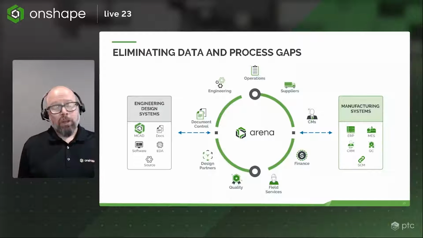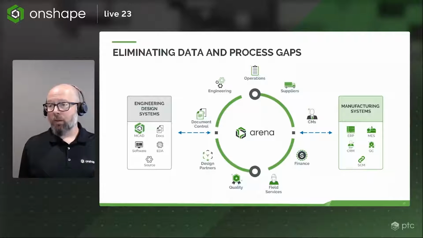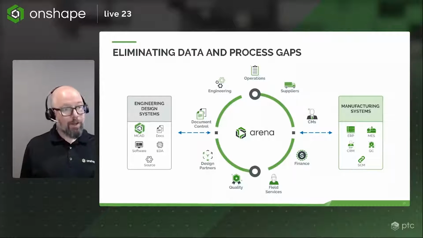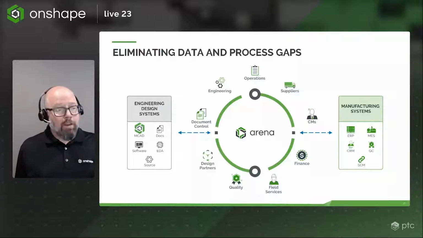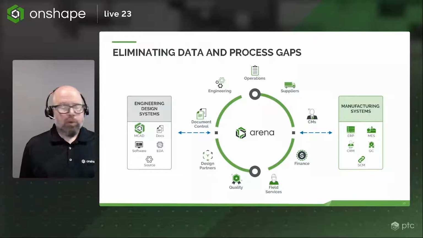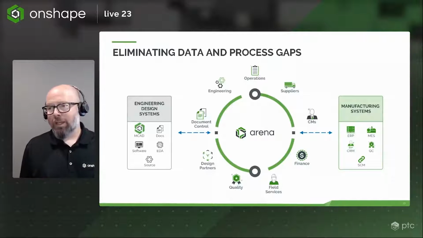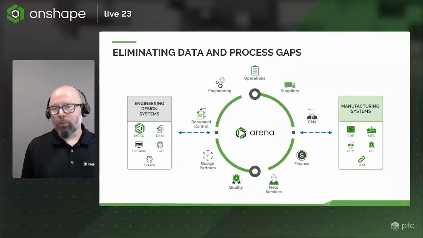That's going to connect to Arena to control all the product information to help disseminate it throughout the organization and process those more formal workflows like an engineering change order, for example, or a quality workflow like a corrective action. And then potentially even connect that over to an ERP system on the right, which we're not going to focus on today, but Arena does provide connectivity to most all of the modern ERP systems available in the marketplace today.